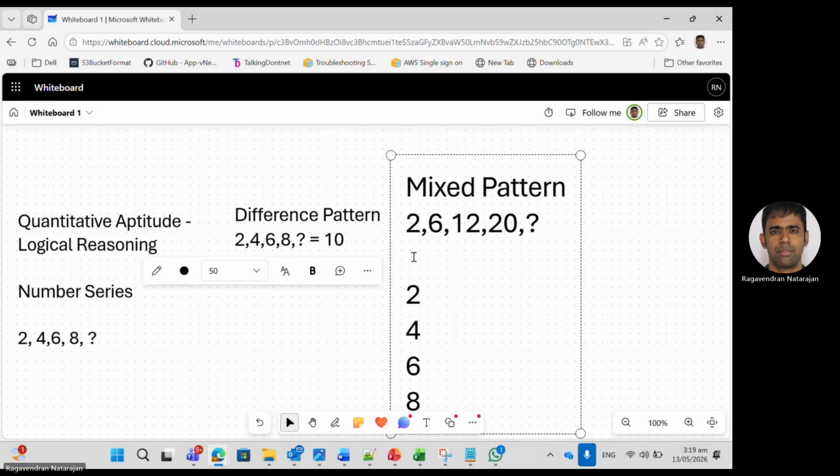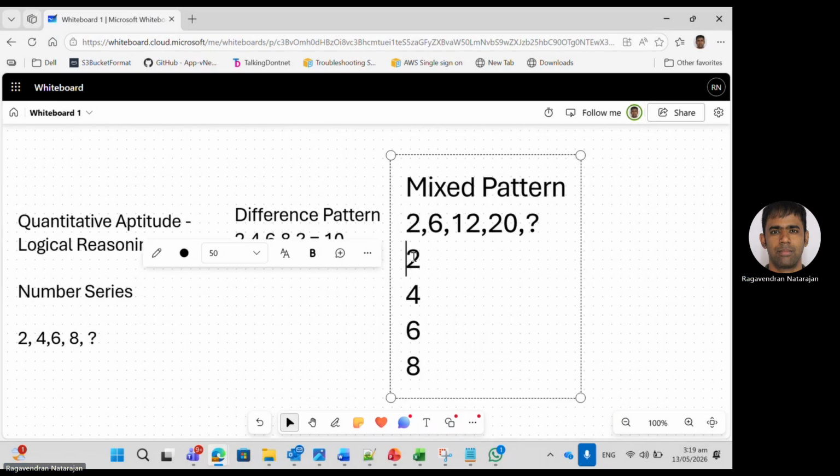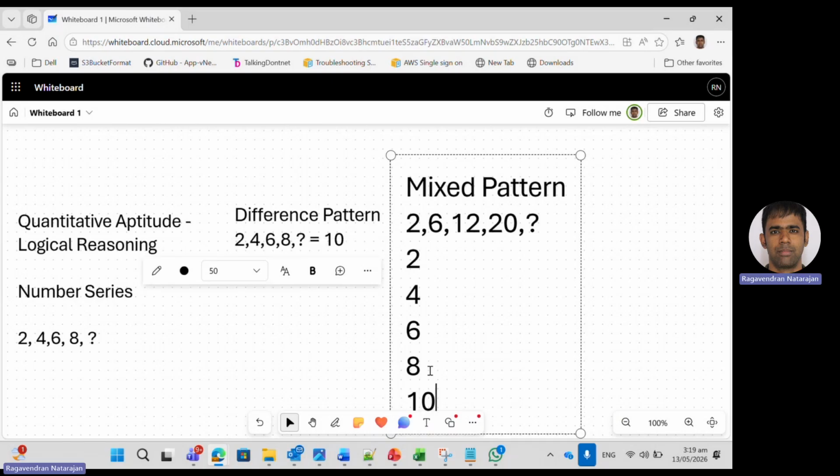It would be increased by 10. So the next number would be 30. You can find one small thing here, which is that it is systematically increasing.